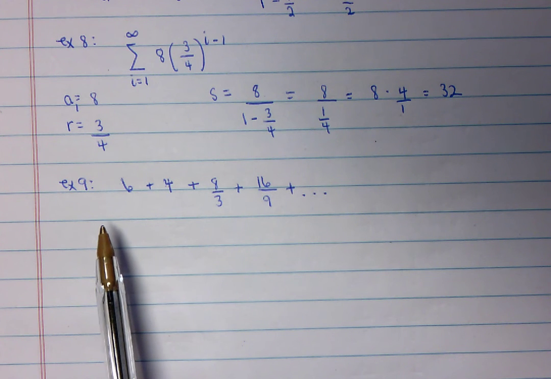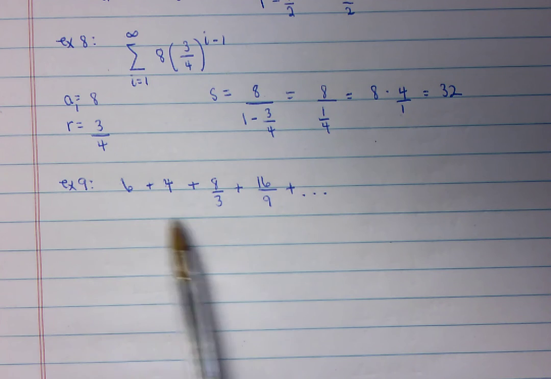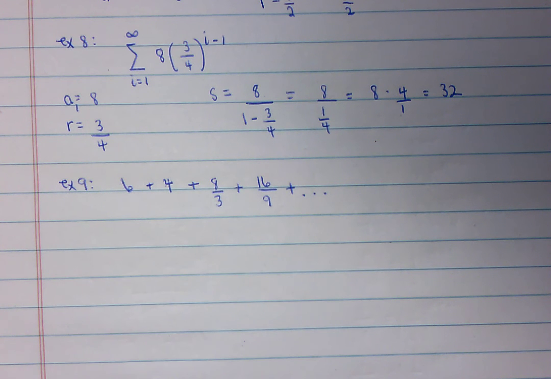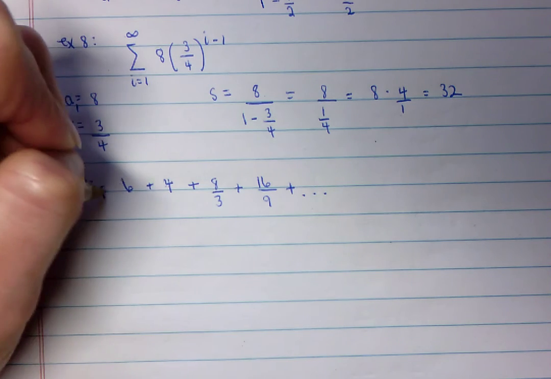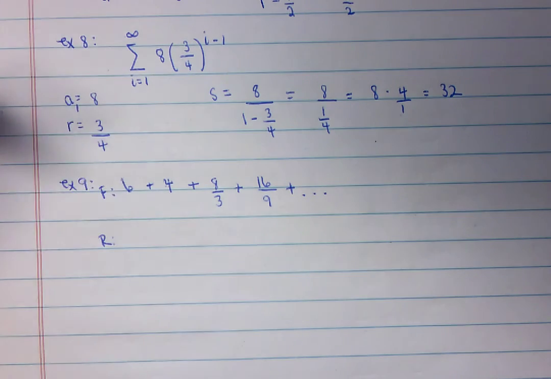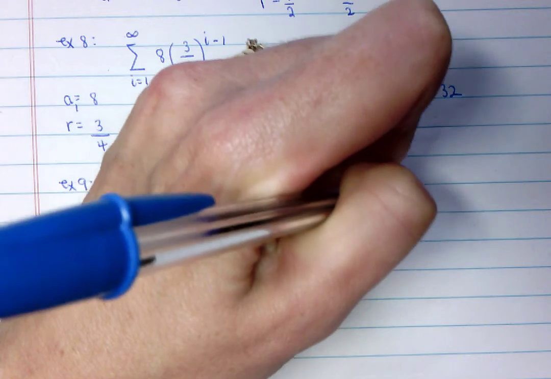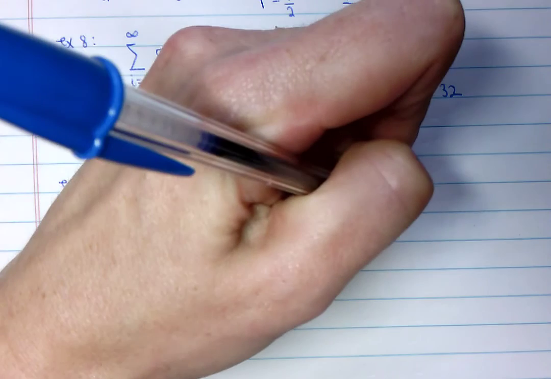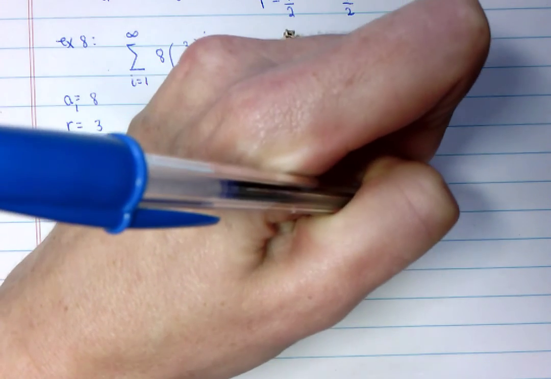What they want you to do is find the total distance that it travels, and they're talking about the vertical height here. So the ball falls 6 feet and rebounds. The following series is the total distance the ball falls, so you're thinking of the ball falling. The distance that the ball rebounds is also given by a series, so think about falling, now rebounding. It falls 6 feet, and then it rebounds, and then it falls again.